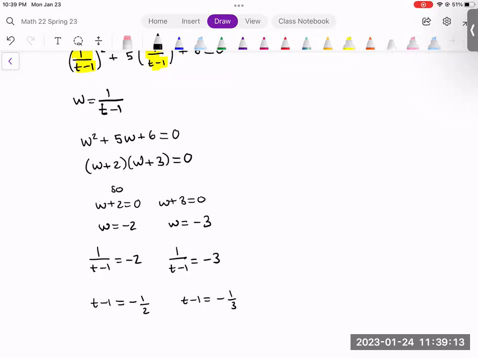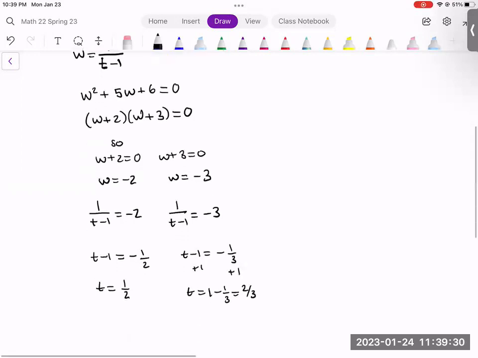Next, we're going to add 1 to both sides. And so we have 1 minus 1/2, or 1/2. And then adding 1 to both sides here, we have t equals 1 minus 1/3, or 2/3. Okay. And so these are our solutions.